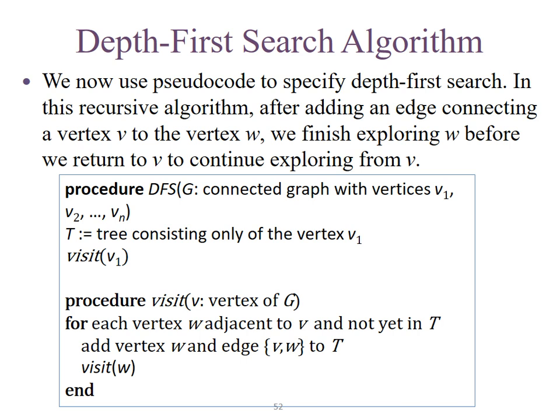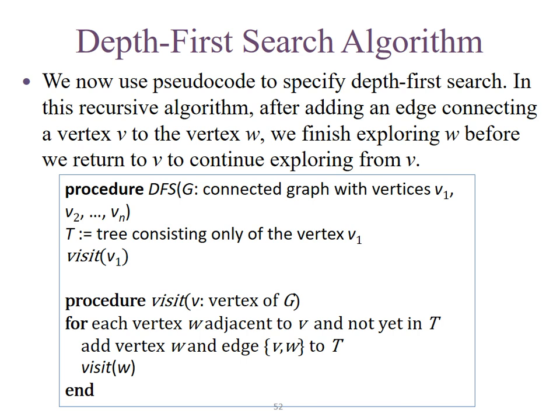So if we consider v1 as the vertex F in our previous example, once we select v1 as the starting vertex, let's see what the procedure visit is. The input is a vertex of the graph, so in this case, it will be the vertex F in our previous example.